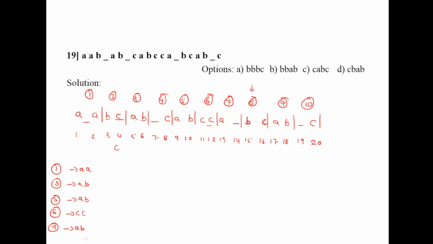Here it is AA. In the first group it is AA. After AA, B comes. Here only one A is there, right, in the third group. So when there is one A, after that B. So here in the fourth group you will get the answer B.